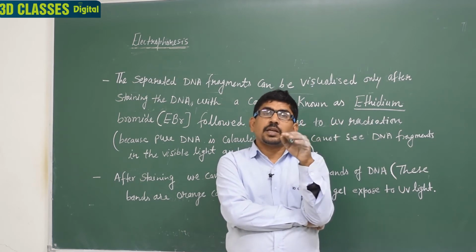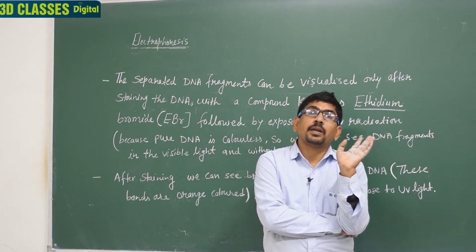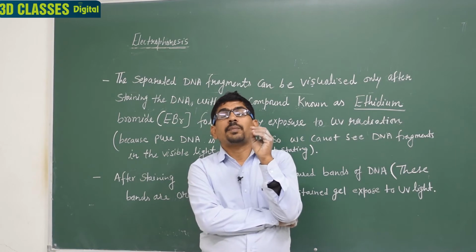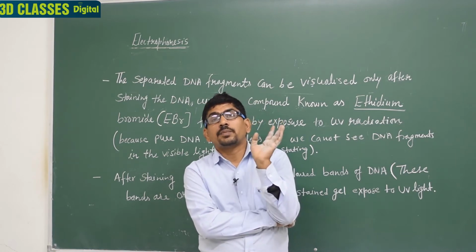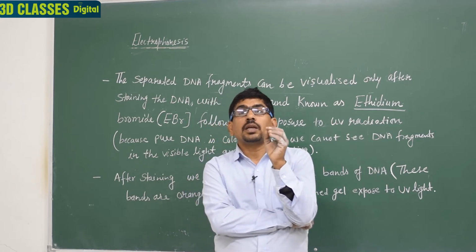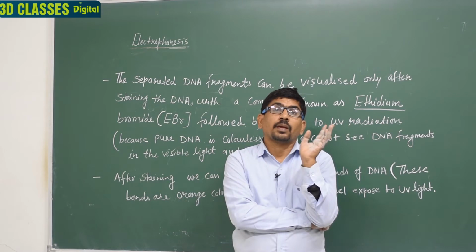It means in a gel where the band is present, the band represents DNA, and where the bright band is not present, DNA is absent. So we can easily identify the DNA bands in a gel. Clear?